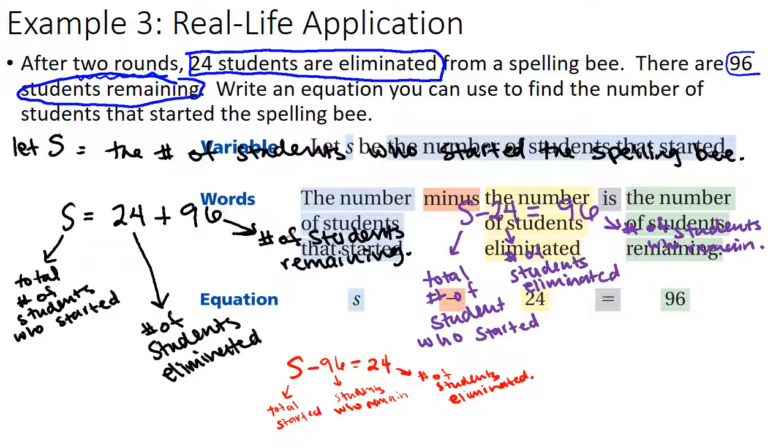Okay, and now that we have set up all three of those equations, those are the three primary ways that we could think about solving this problem.